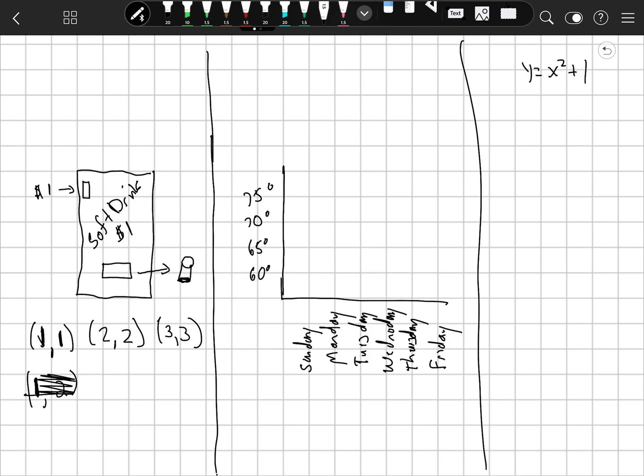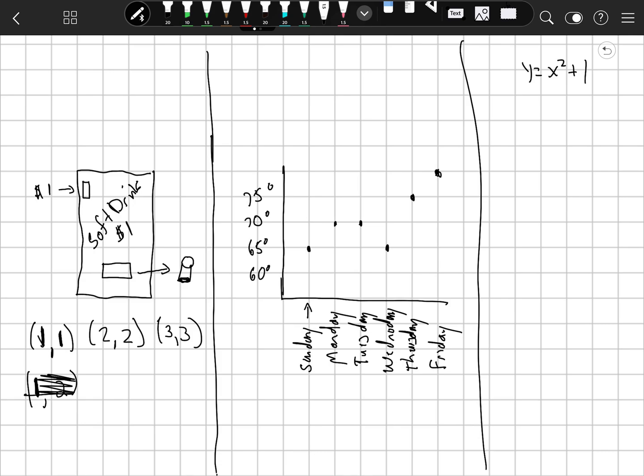Okay, let's take a look at another situation. Here's the weatherman chart, and maybe on Sunday it is going to be 65 degrees for a high, and then on Monday it'll be 70, and Tuesday it'll be 70, and Wednesday it'll be 65, and Thursday maybe it'll be 75, and then Friday maybe 80 degrees. Think about this. On Sunday we only have one high temperature.